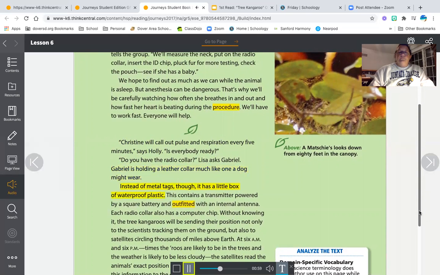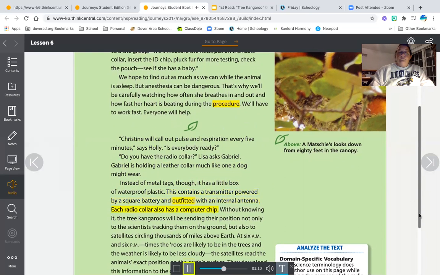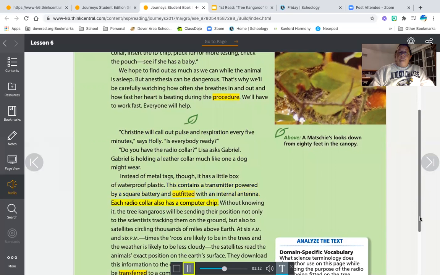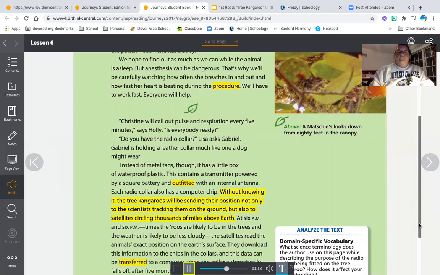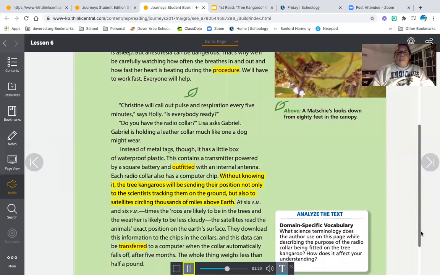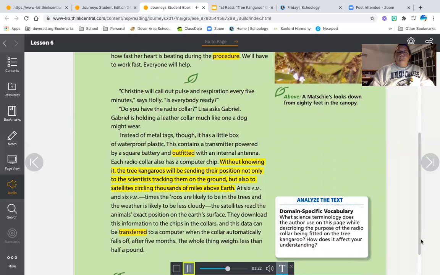Instead of metal tags, though, it has a little box of waterproof plastic. This contains a transmitter powered by a square battery and outfitted with an internal antenna. Each radio collar also has a computer chip. Without knowing it, the tree kangaroos will be sending their position not only to the scientists tracking them on the ground, but also to satellites circling thousands of miles above Earth.